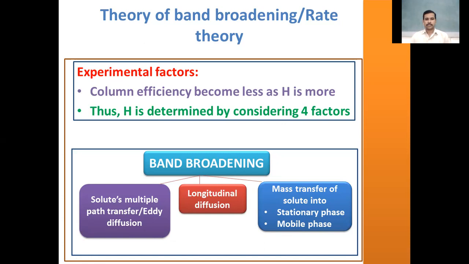Out of several theories, there is one theory which explains band broadening based on four factors: solute multiple path transfer or eddy diffusion, longitudinal diffusion, mass transfer of solute into the stationary phase, and mass transfer of solute into the mobile phase.